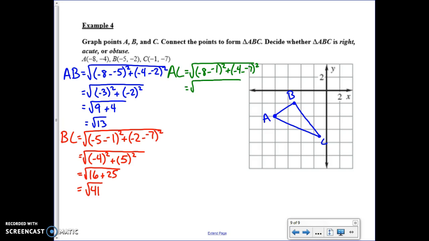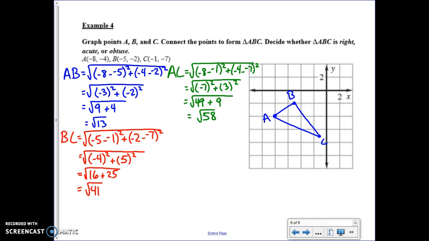So -8 plus 1 is -7. And then -4 plus 7 is 3. So -7 squared is 49. 3 squared is 9. So I get the square root of 58. Make sure you're always including that square root symbol.